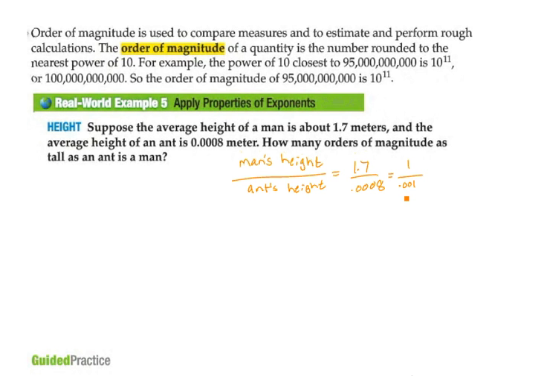So we are going to write that as 1/1000th. Okay, so we're getting closer, but we want that as a power of 10. So what is 1 as a power of 10? Remember, anything to the 0 power is 1. So we have to write the man's height as 10 to the 0 power. Strange, but remember, that's a fancy way of actually saying 1, which is close to what his height is.